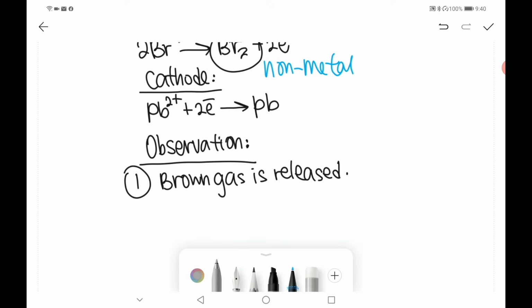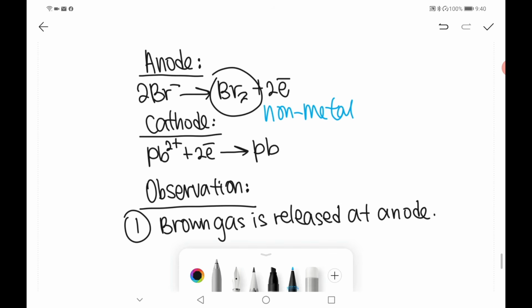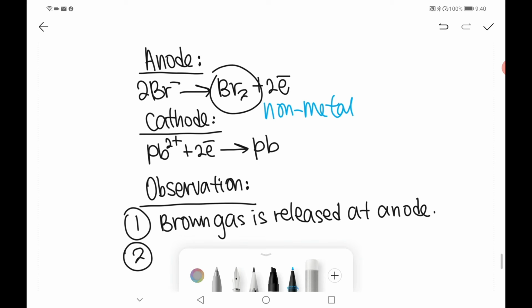If you want to be more accurate, you can say brown gas is released at the anode. This is more detail, but in the exam, even if you don't write at the anode, it is okay. Just write brown gas is released. That's good enough.